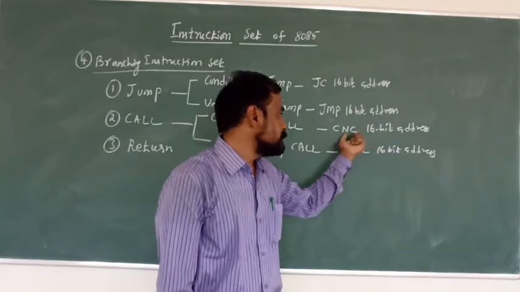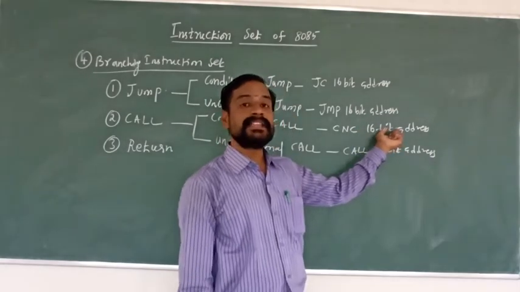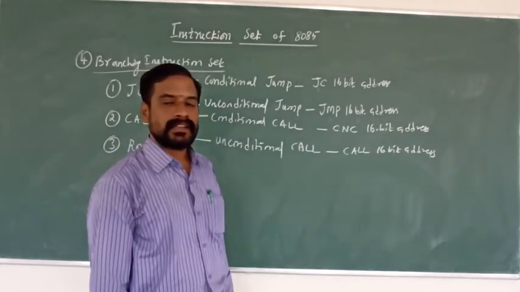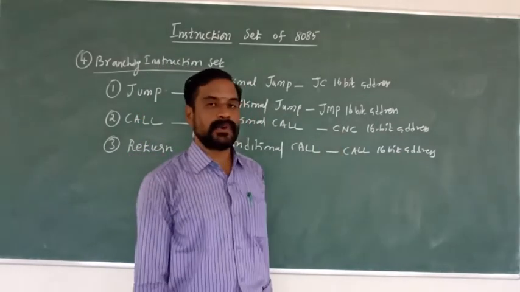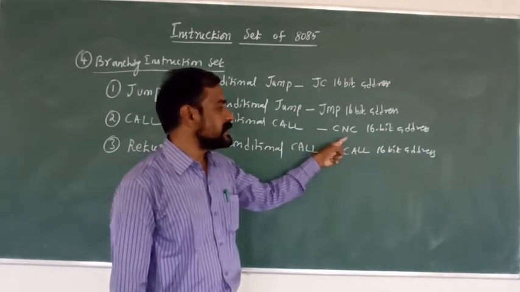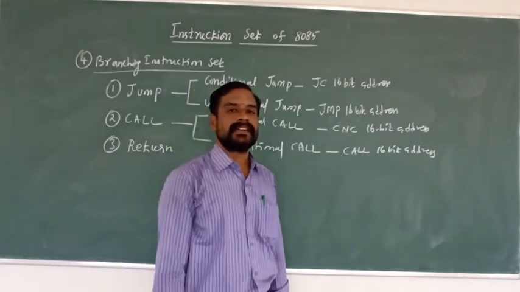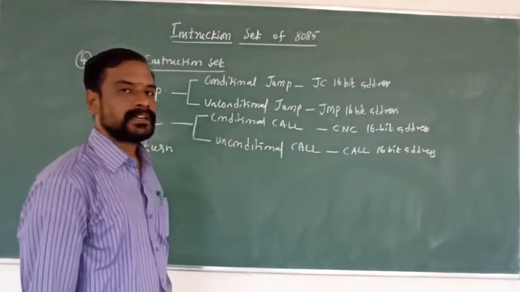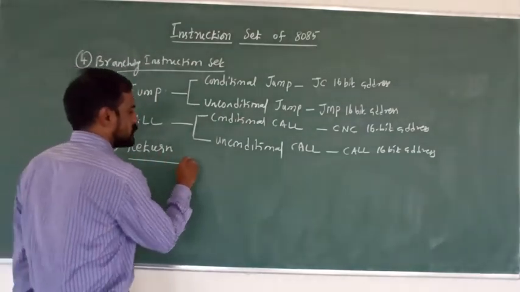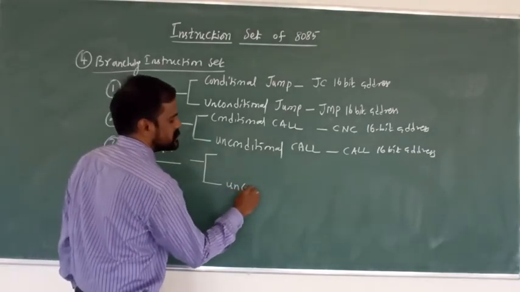This condition will be satisfied. Now, call the given 16-bit address location program, as this condition is satisfied. Suppose this condition is unsatisfied, it means execute the next address location data. Next, return. Return also, there are two types. One is unconditional return.